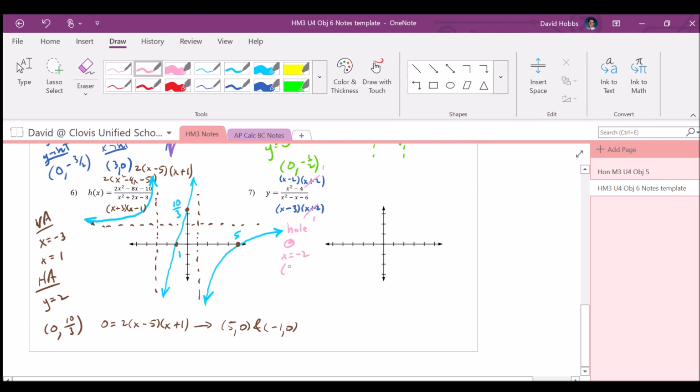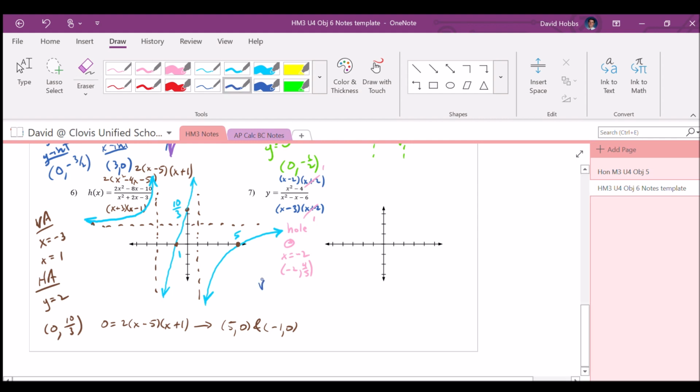But more specifically, if I plug in the -2 to the reduced equation, I get -2 minus 2 on top, so -4 over -2 minus 3, so -4 over -5, which is positive 4/5. There's my hole.